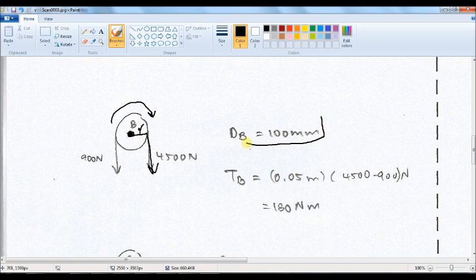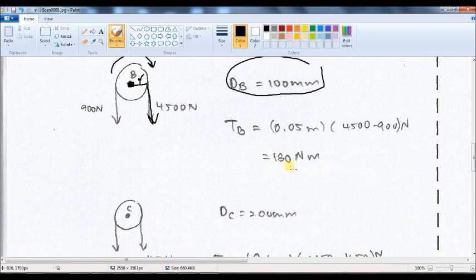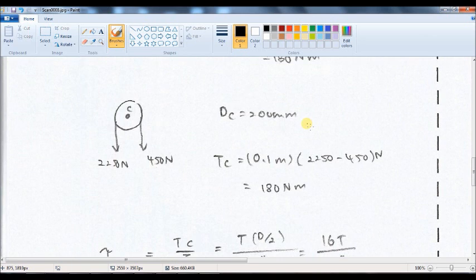The diameter of the pulley was 100 millimeters, so the radius is 50 millimeters or 0.05 meter. And then 4,500 minus 900 gives the resultant force which causes the rotation of the pulley. Then we get the torque at pulley B is 180 Newton meter.